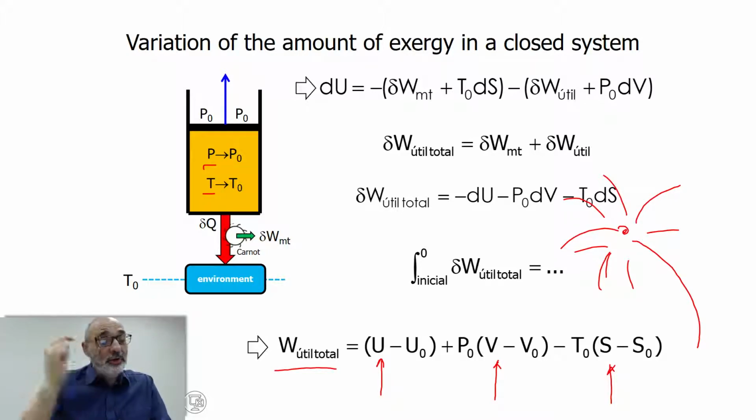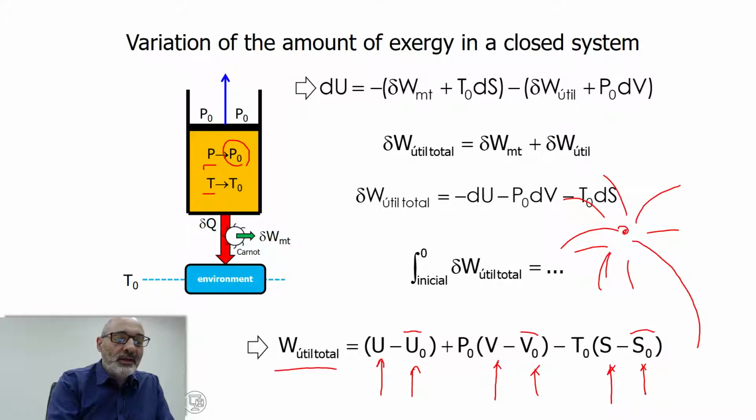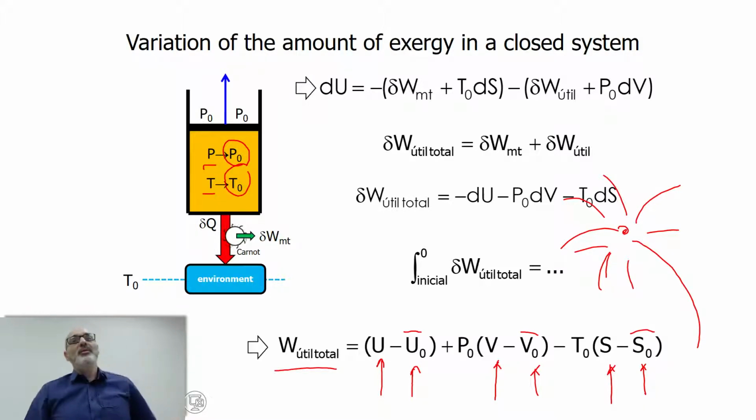And also, we have the effect of the environment in this definition. We have U0, V0, and S0, which are, respectively, the internal energy, the volume, and the entropy when the system is in equilibrium with the environment, okay? When its pressure becomes P0 and when its temperature becomes T0, okay?